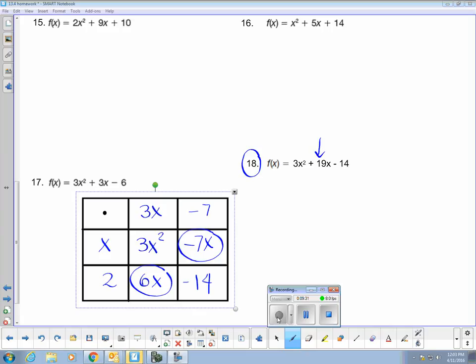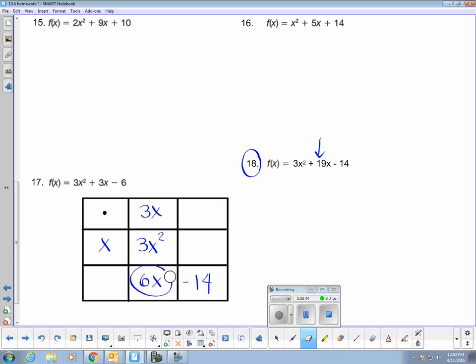Unfortunately, I need positive 19. So I don't see these two numbers as being very helpful. I'm going to try and switch them around. Let's try putting 2 here and 7 here.